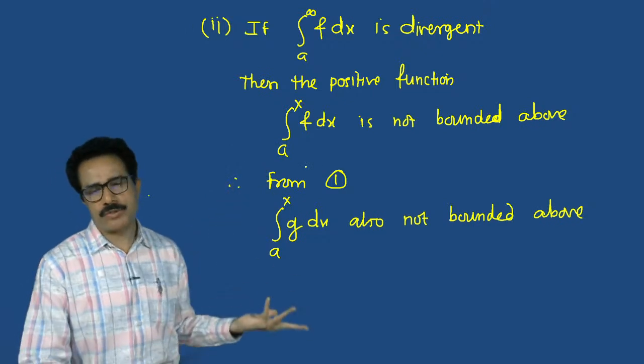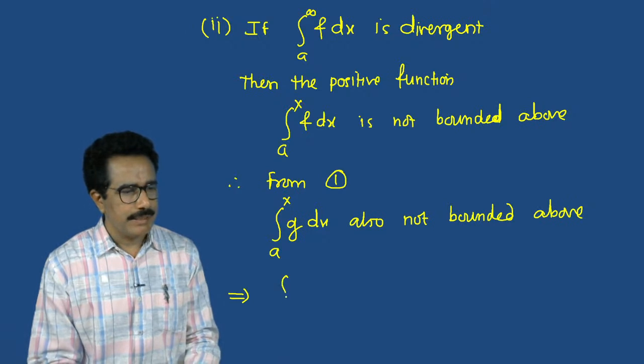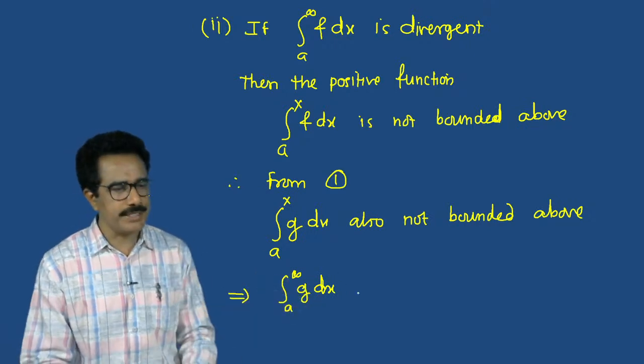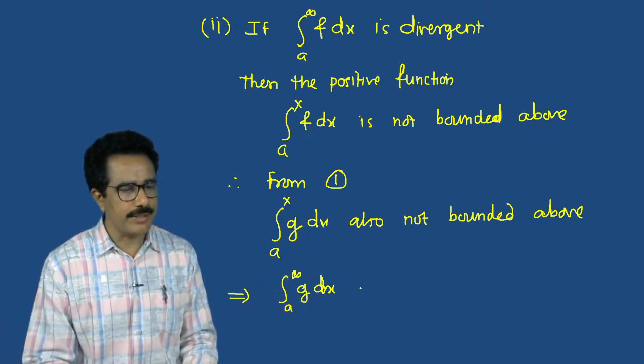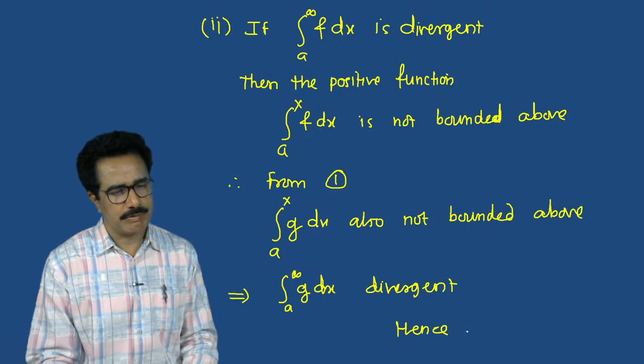So g is also not bounded above, and this implies that the integral from a to infinity of g dx, which is not bounded above, is hence divergent, and hence proved.